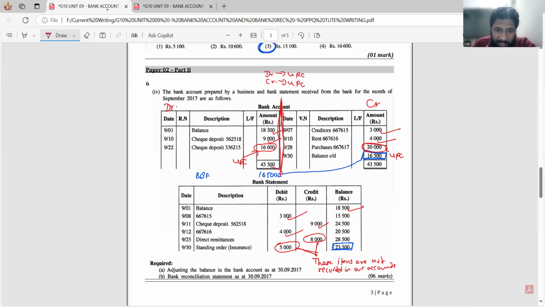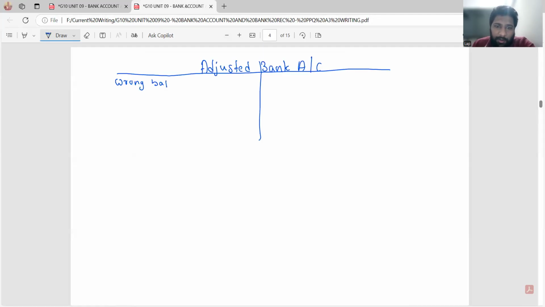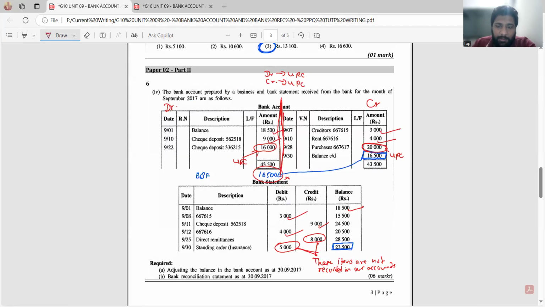How much is this? 16,500 is wrong. So we are going to find the correct balance. Why is it wrong? Because these two items in the bank statement are not recorded. Direct remittance is not recorded in our accounts. Standing order insurance is not recorded in our account.